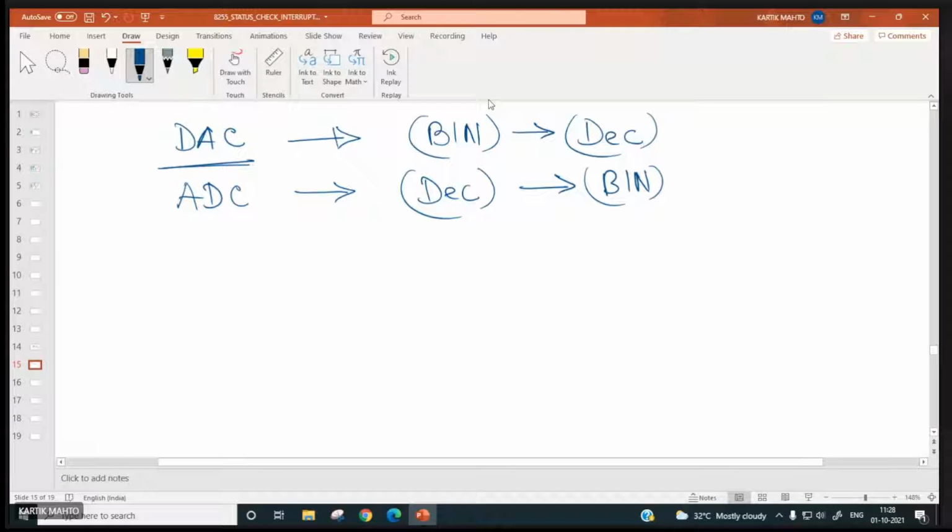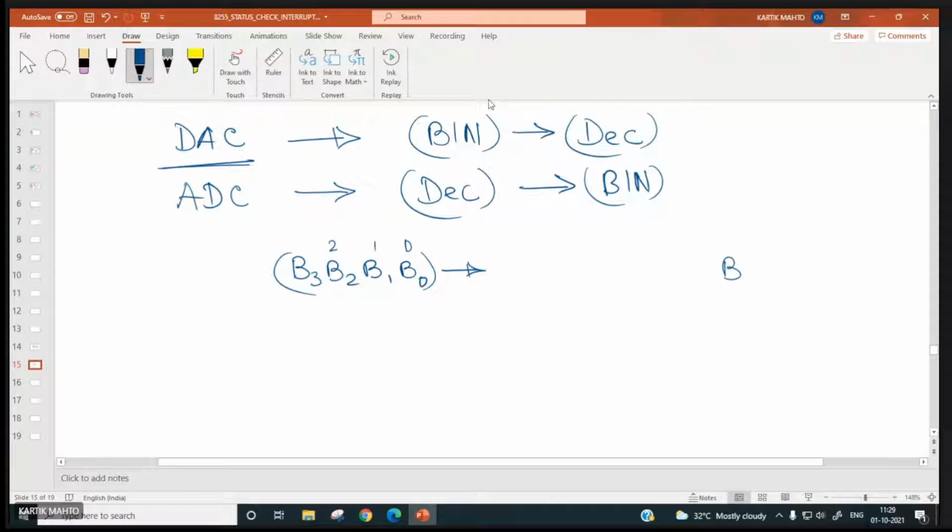Okay. Now I'm just telling you that you please convert a binary number you have been given as B3, B2, B1, and B0 into decimal. So what you will do? How you will convert? You remember that? First of all, you have to just say the power 0, 1, 2, 3.